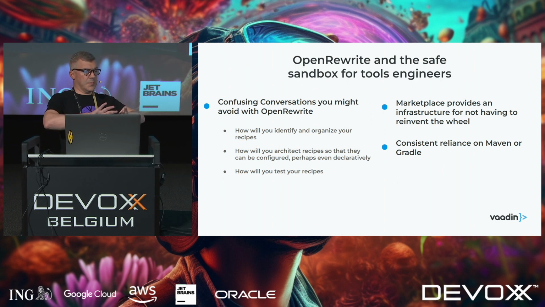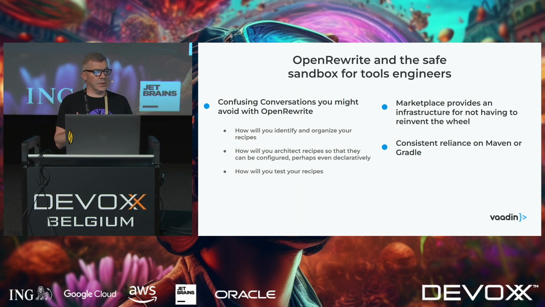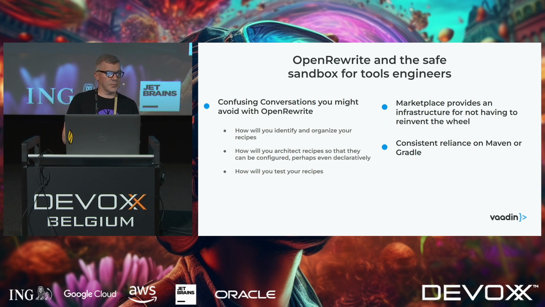So think about making a distinction between what is happening in Java procedurally versus what is happening in your pom.xml in a more declarative way. That also gives you a separation between the tools engineers, the people who are creating the tools, and the people who are actually using the tools, perhaps to do work for customers or for specific users.